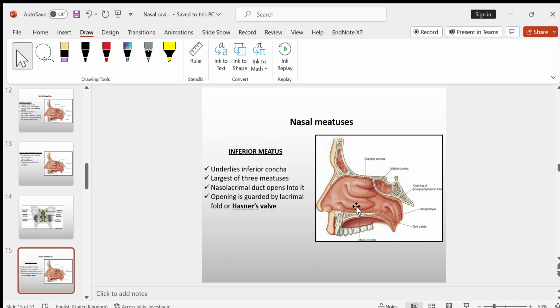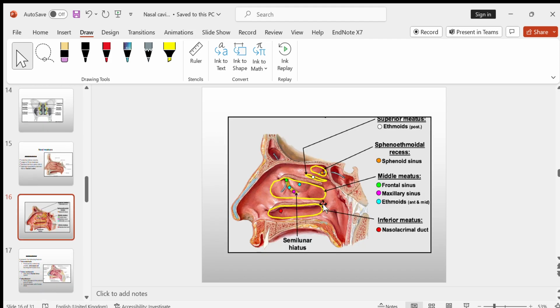So, it underlies the inferior concha, and the important point is that there is the opening of the nasolacrimal duct here, which is guarded by a valve that is called the Hasner's valve. In this picture, we can clearly see the specific features of the three meatuses.